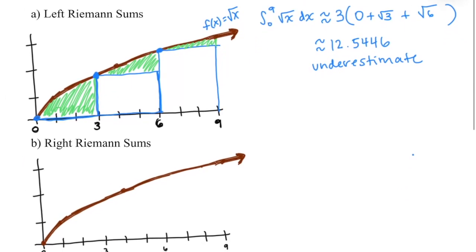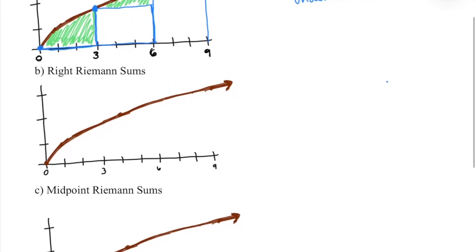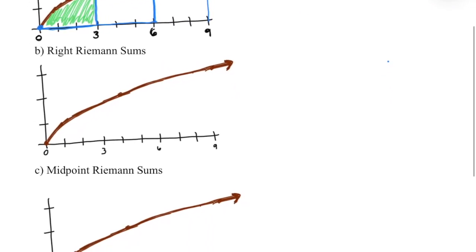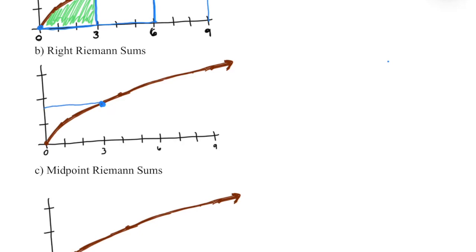Now let's do this with right Riemann sums. So same equation, I use my same graph. You can see I just copied those before the video to save time. You can draw yours in right now though. And so now, from 0 to 3, if I'm doing right Riemann sums, I want to use the right point. So from 0 to 3, I'm using that value there, and here's my rectangle.